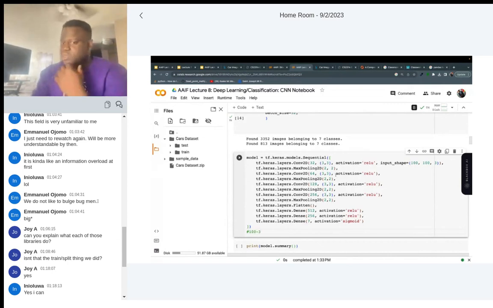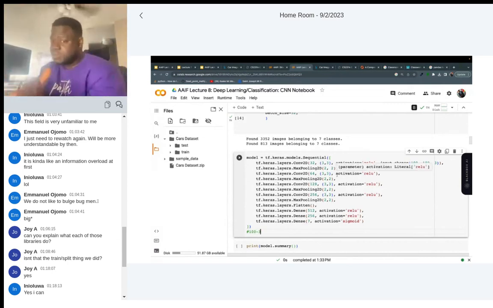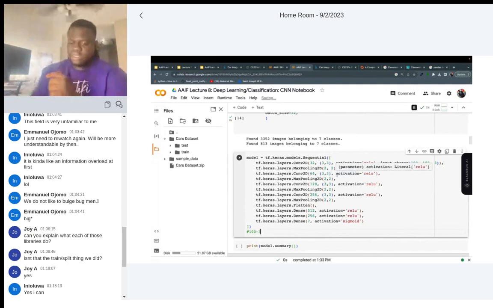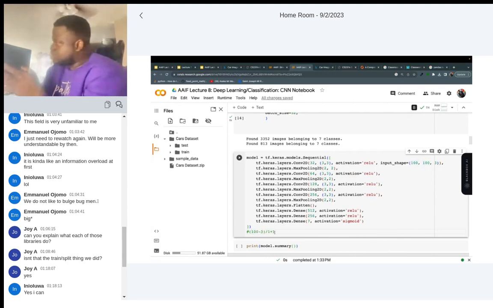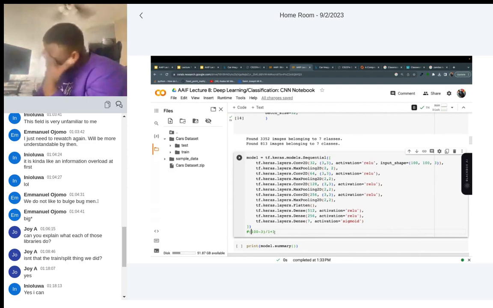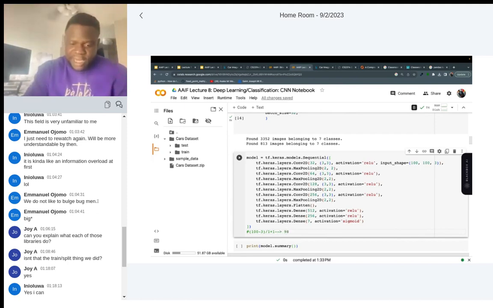Now, here we did not specify stride. Stride by default will be 1. So, 100 minus 3 divided by 1, plus 1. 100 minus 3 is what? 97, plus 1. So I'm going to get an image of 98 by 98.